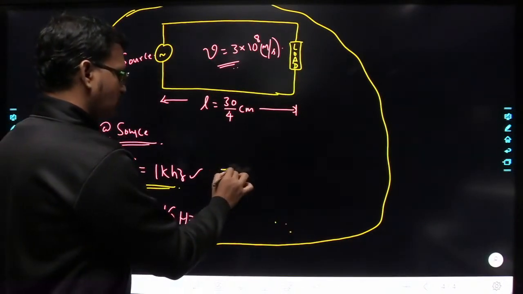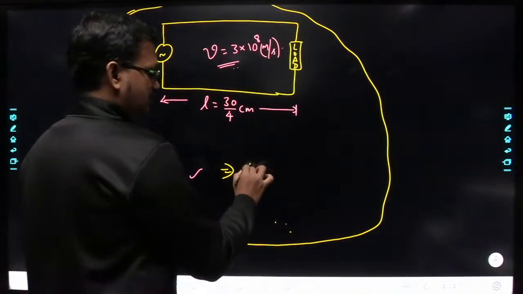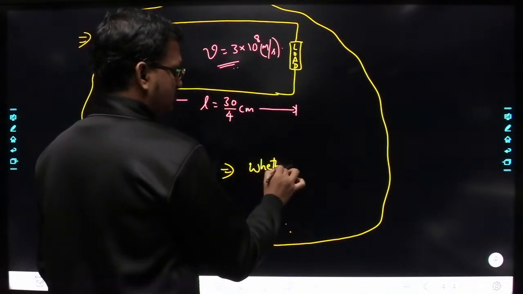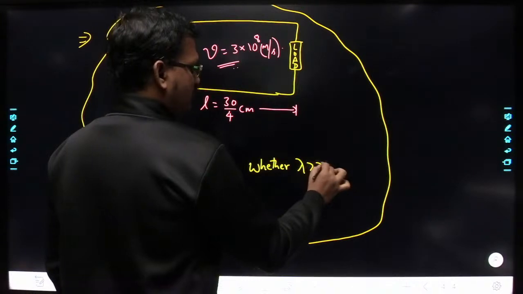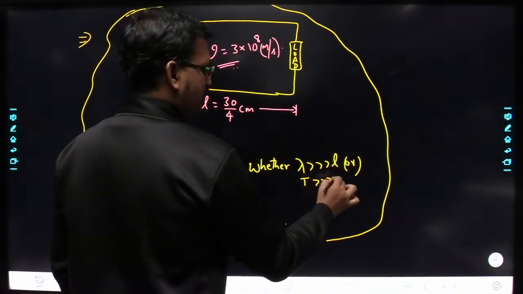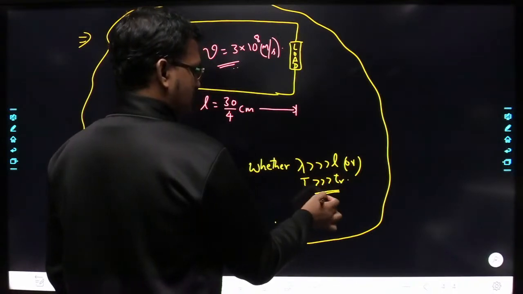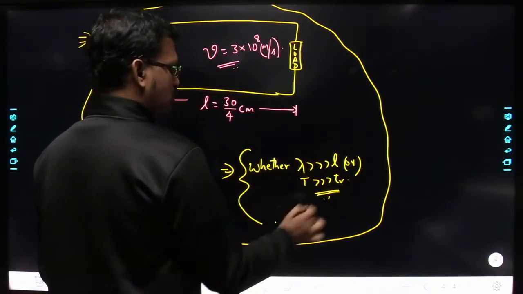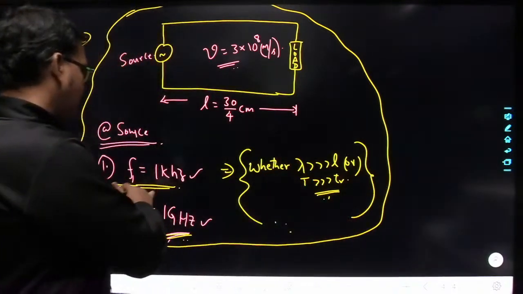So here you have to check whether lambda is far greater than L, or time period T is far greater than TR. You have to check these for both the cases.